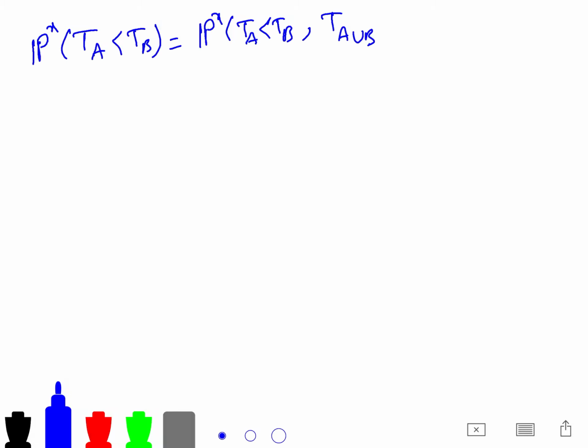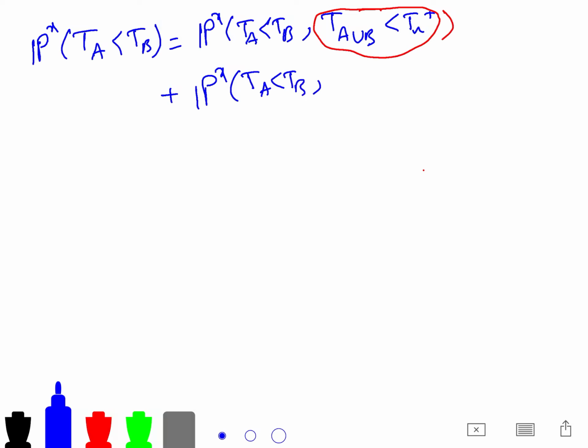So there are two conditions for this. Either Ta union B is less than the time to return to X, or the same thing, Ta is less than Tb, but this time Ta union B is greater than Tx.